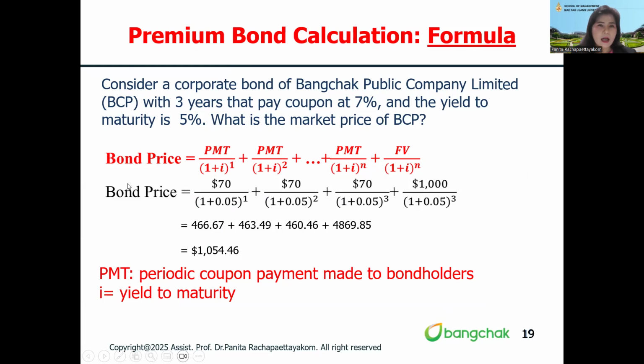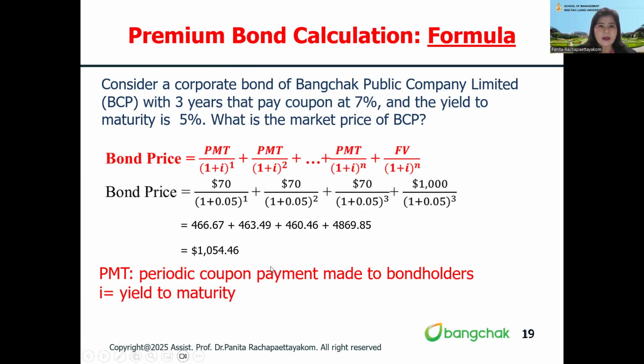So please follow me: PMT, what is the PMT? PMT is the coupon payment that you should get from this bond during the holding period. And I is the yield that you get from investing in this bond when you buy it in the secondary market.